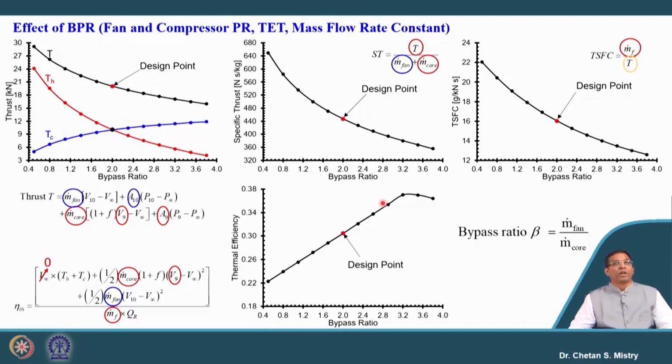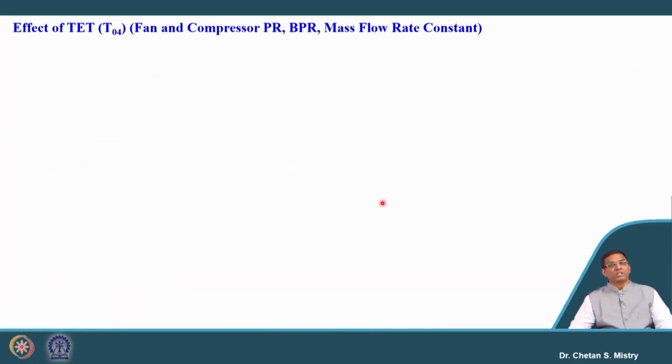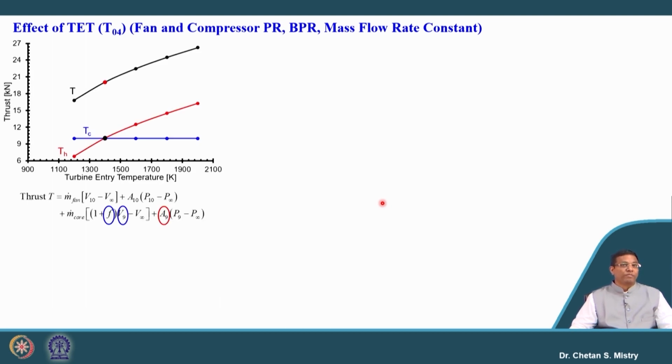Now, let us look at what is happening with the turbine entry temperature. So, just try to plot this and let us see what your thought process is and what is coming out. Oh, here this is something different. My turbine entry temperature has nothing to do with my cold thrust.